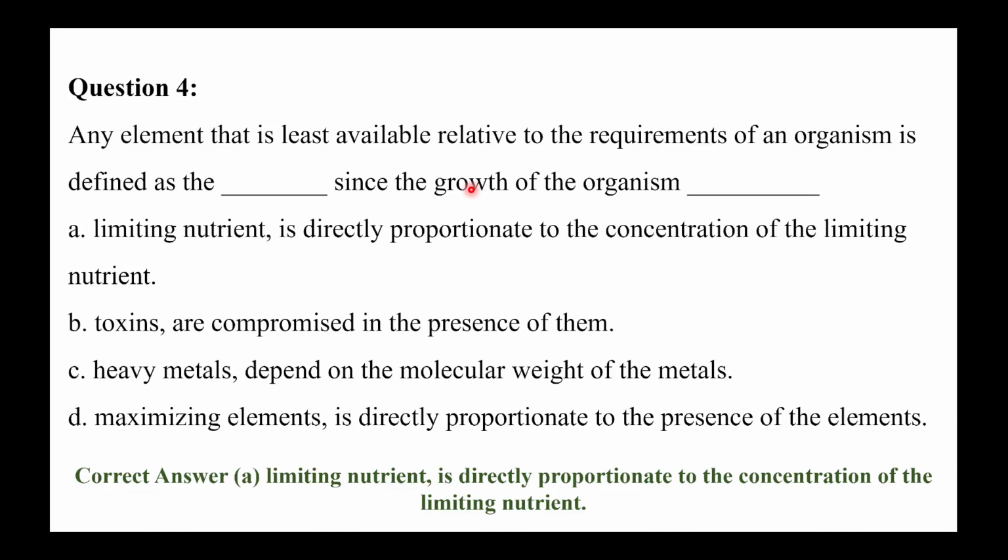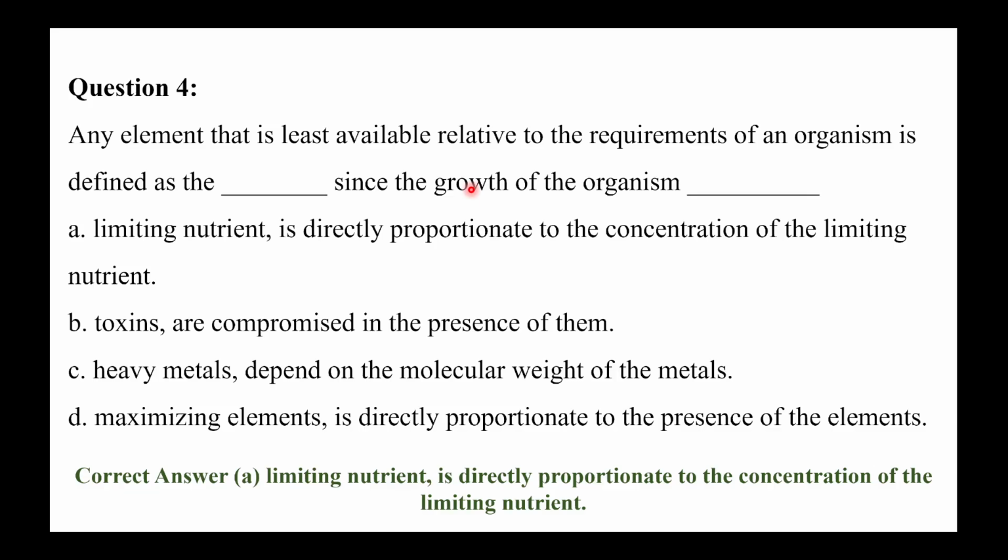So that is the limiting nutrient, and it actually makes the growth of the organism stop because the nutrient is now over. So basically, the growth of the organism is directly proportional to the concentration of the limiting nutrient. Whatever the concentration of limiting nutrient is there, the growth will solely depend on that.